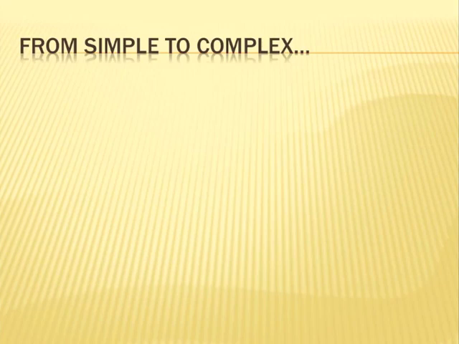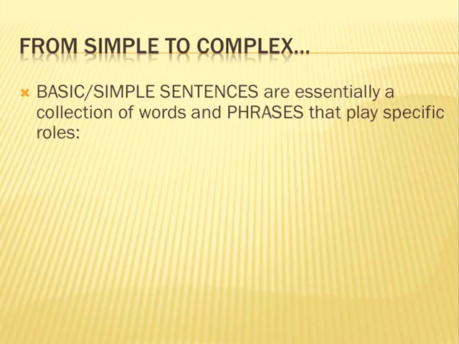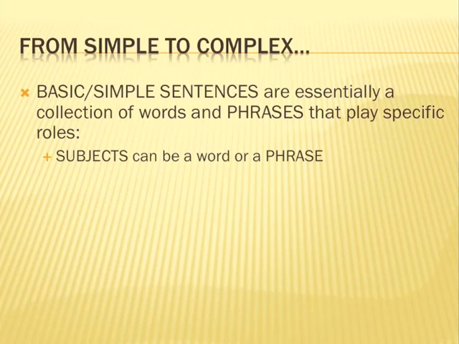So, after looking at some situations where we had to correct information, it's time to move on to the final idea of our video series. And that's thinking about when things get a little more complicated than just basic or simple sentence ideas. As we said before, basic or simple sentences are essentially collections of words and phrases that play specific roles. For example, we said subjects of a sentence can be a word or a phrase.